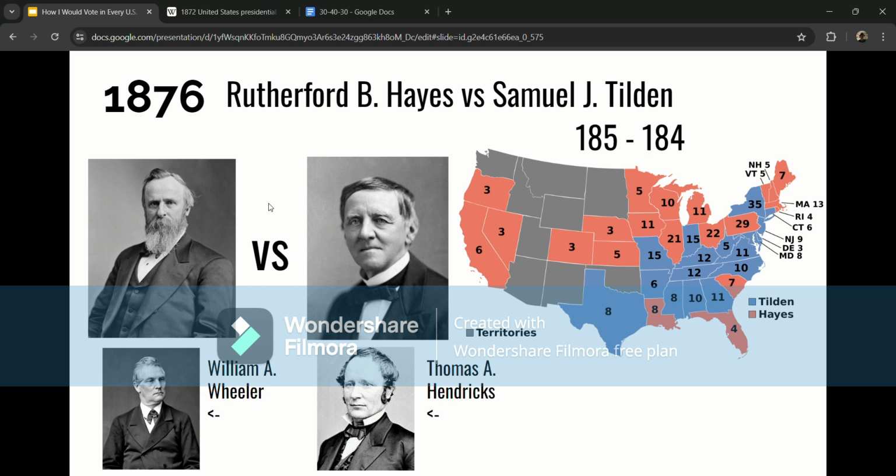Hayes, of course, is known as a reformer, has decent experience in Ohio politics, was actually governor of Ohio twice, elected in the 1860s, retired and then came back, elected in 1875, and before that was also a member of the House of Representatives for one term, and was also a Civil War general, similar to Ulysses S. Grant. So the experience is there, and I like that.